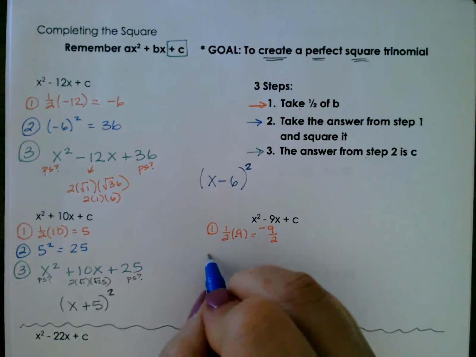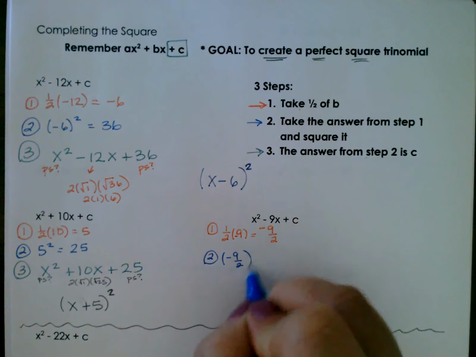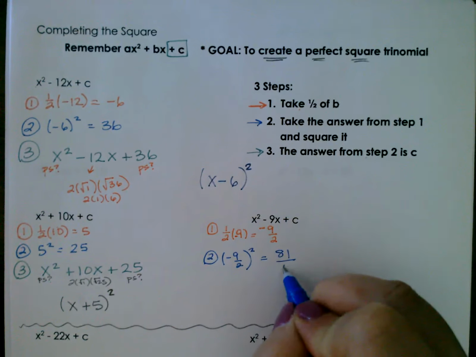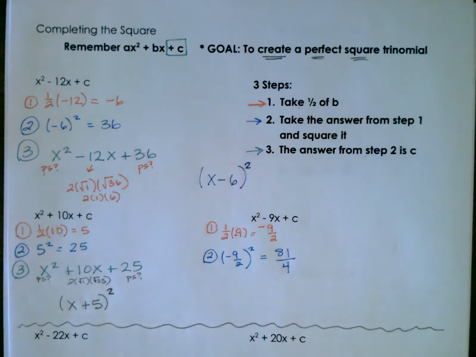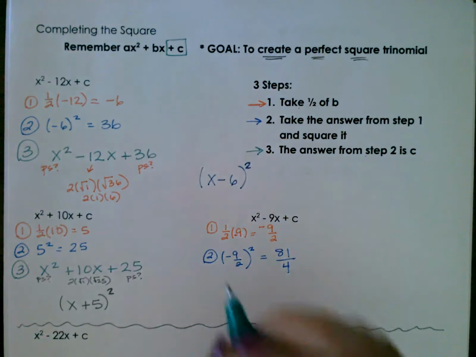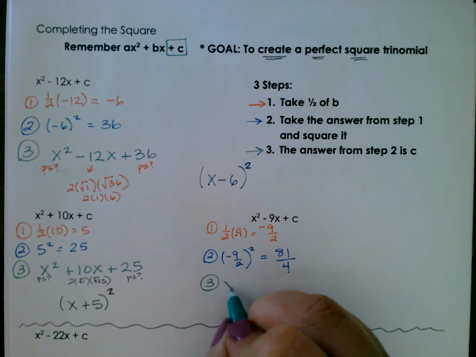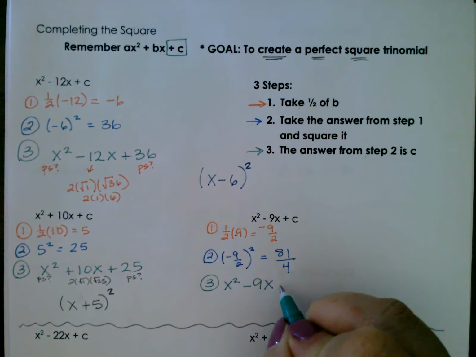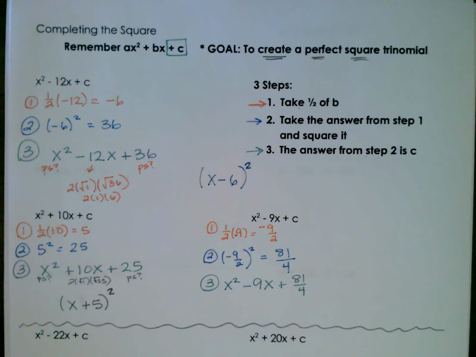Step 2, square my answer from step 1. So I would end with 81 over 4. We had some of those type of fractions in our last unit, and that becomes my C term. So I would have x squared minus 9x plus 81 over 4.